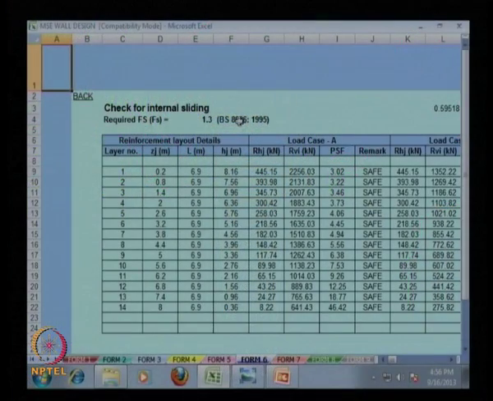And now we almost complete the design, but here we also check for internal sliding. The required factor of safety is 1.3 as per BS 8006, 1995. The reinforcement layout detail here is 1 to 14 and Z value 0.2 to 8.